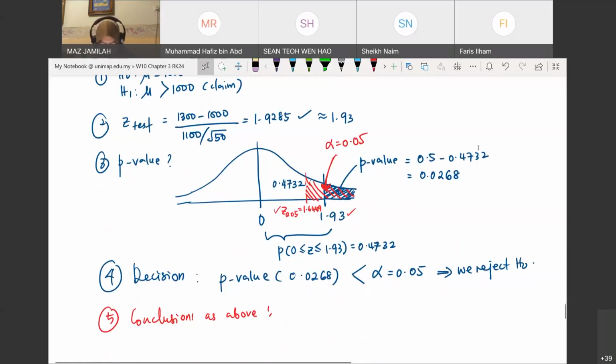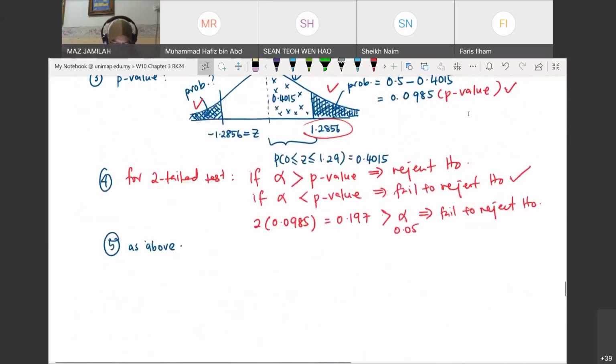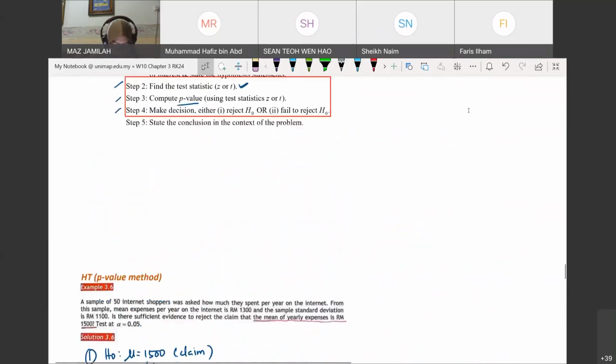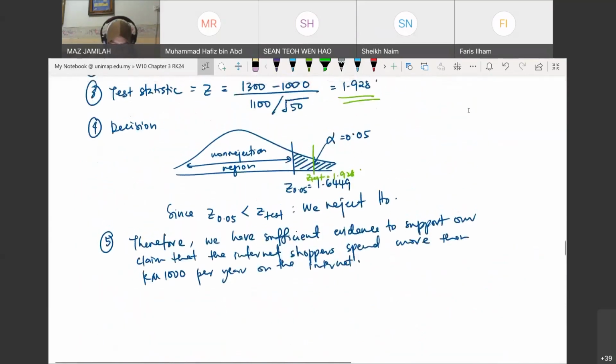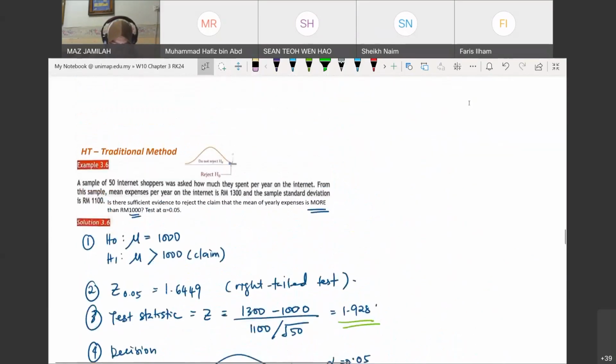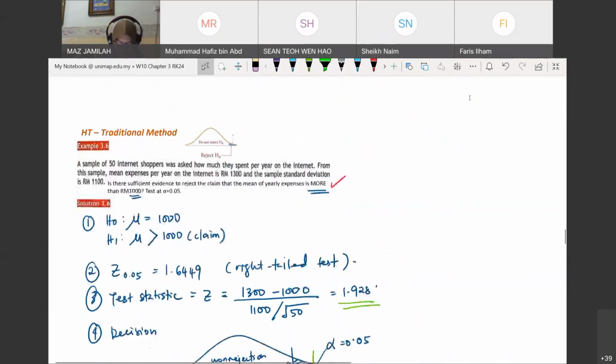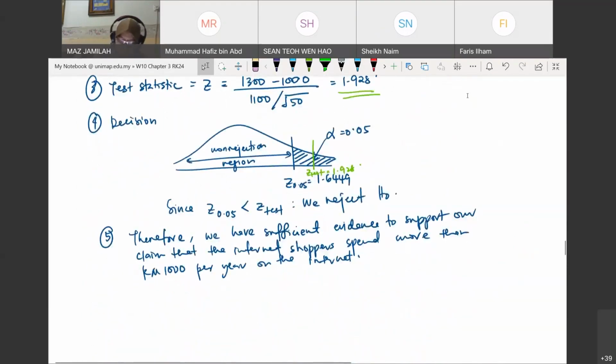In this case, we reject the null. When I say as above, look for the same exact example for the right tail test. This means that using the p-value method, you are making the same decision, and of course your conclusion would be the same.